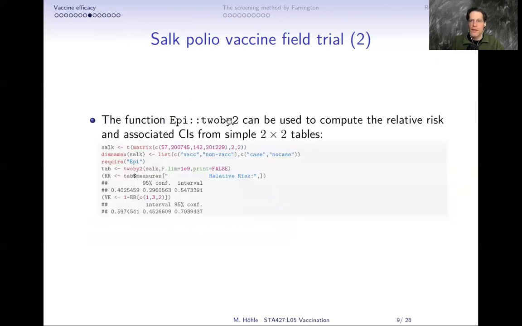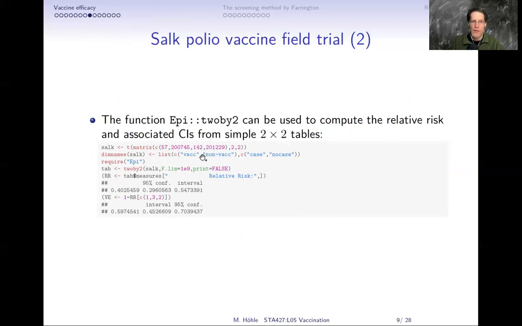So we can use any 2x2 table analysis. Here's one which is implemented in the Epi package, but of course there are also others. So here are the data, the 57 out of the about 200,000 and the 142 out of the about also 200,000.